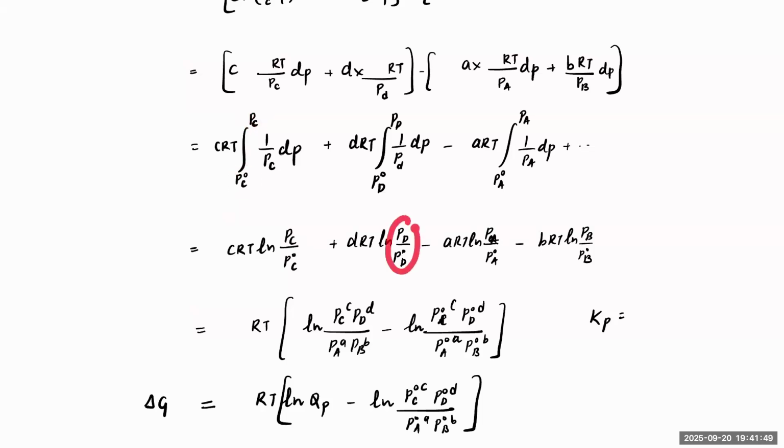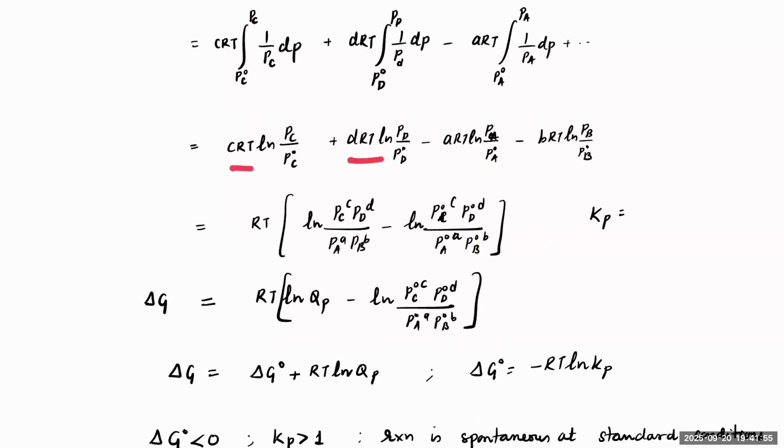The same goes for Pd by P naught d, Pa by P naught a, and Pb by P naught b. If I take RT common in all of them and move the coefficients c, d to the power places, I get RT times ln of Pc raised to power of c, Pd raised to power of d, by Pa raised to power of a and Pb raised to power of b, minus ln of P naught c raised to power of c, P naught d raised to power of d, and so on.